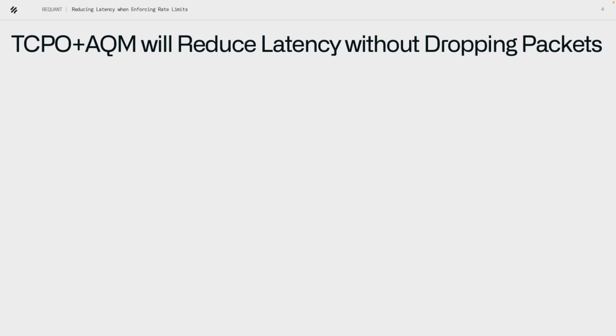There are different kinds of active queue management implementations. There are those like Bequant or Preseem that are variations of FQ-CoDel, a standard method, and others like LibreQoS use Cake, another method, or MikroTik can allow both.